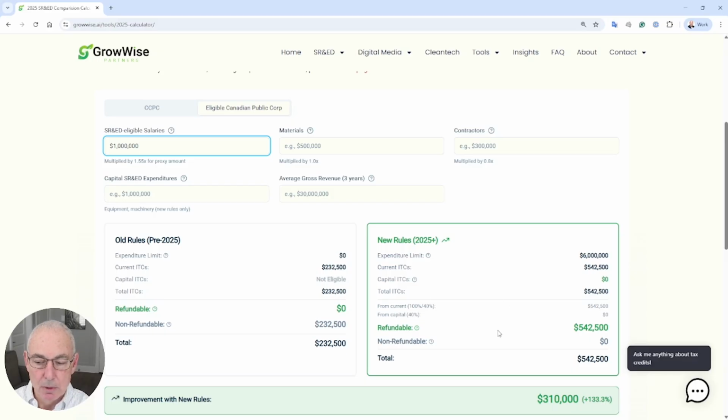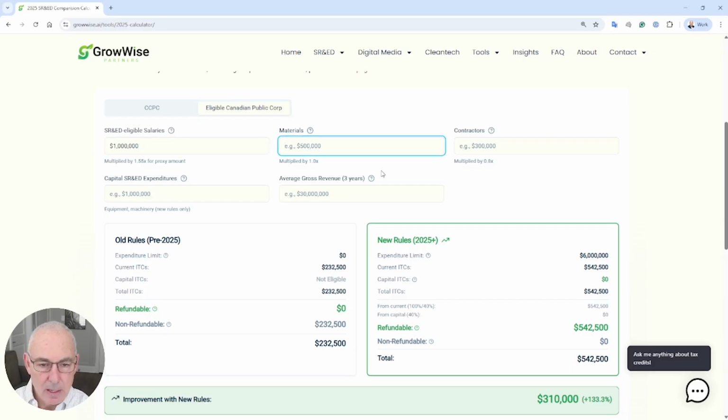However, in the new rules, it is significantly different. First of all, it's a refundable tax credit. Second of all, it is the enhanced tax credit of 35%. And therefore, the total improvement is $310,000, or 133% improvement over the prior year.